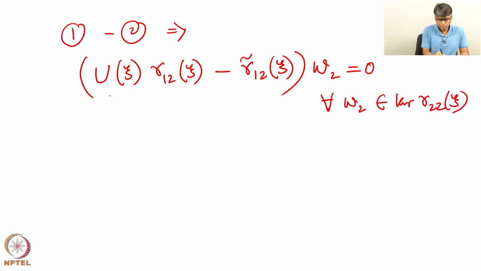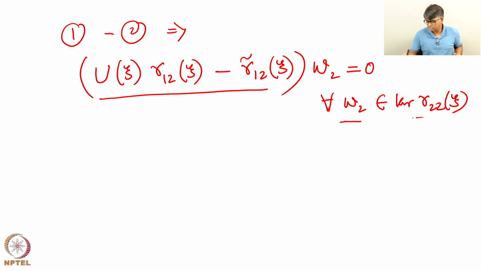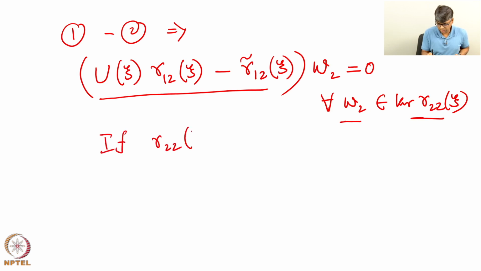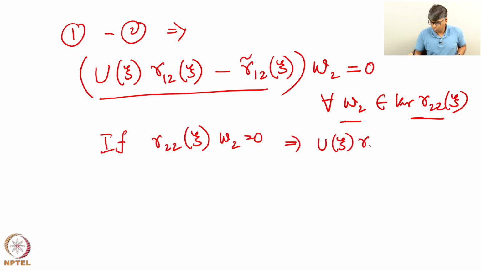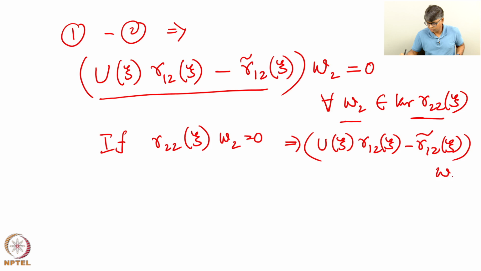Now, how many equations are there? G minus 1 such equations are there. For each of those G minus 1 equations, listen very carefully, what does this say? It says that if W2 belongs to this kernel, that means if R22 xi times W2 equal to 0, that implies u xi R12 xi minus R12 tilde xi acting on W2 must also be equal to 0.